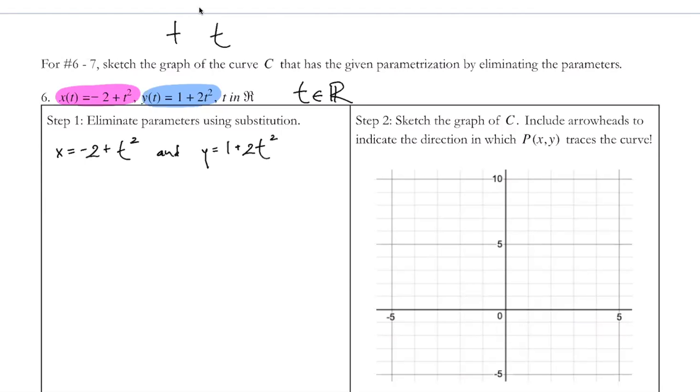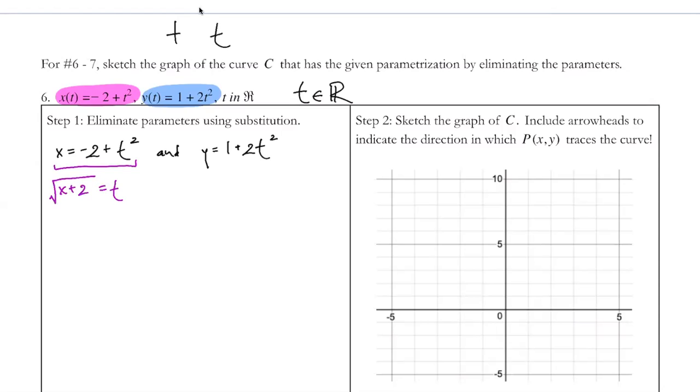Okay. And so it seems like there's two ideas here. The first idea is we solve for t in one equation, and then we plug that into the other equation, right? So if I were to solve for t, I would get the square root of x plus 2 equals t.